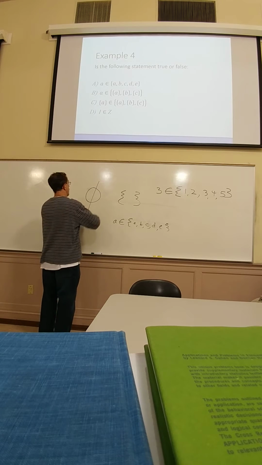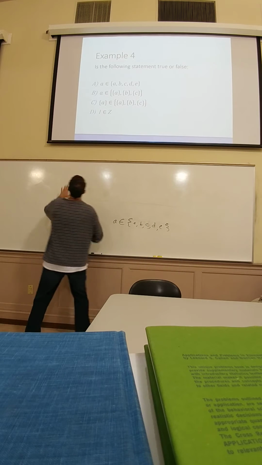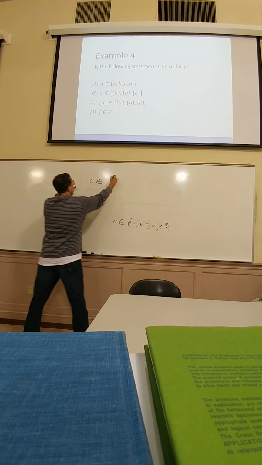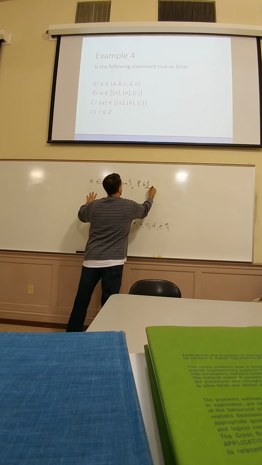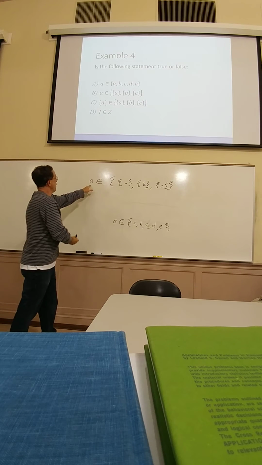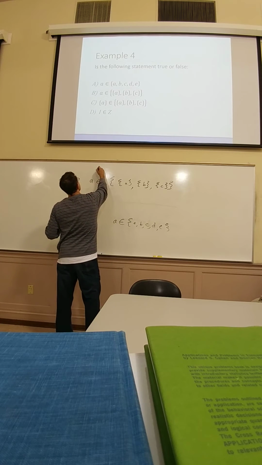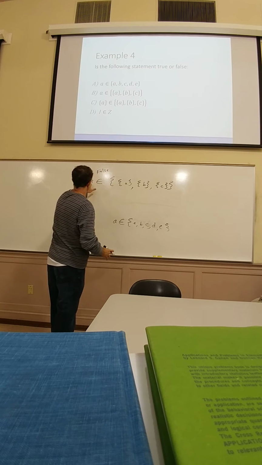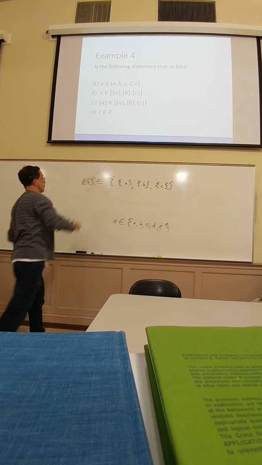Now, I deliberately did a couple of examples to test how closely you're paying attention to detail. In B, it is A is an element of the set containing set A, set B, and set C. And this is actually not right, because in order for that to work, you would actually have to have the set A. If you look at part C, that's the way it's written.